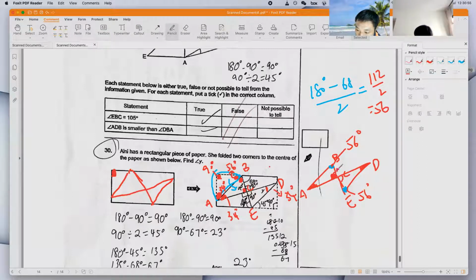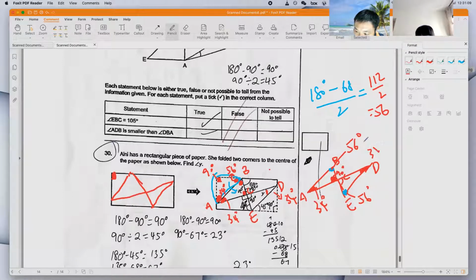Like I say, I'm not sure if it's 90, so I need to prove it's 90. I have proven it's 90. Therefore, this is 34. All right. So this is 34 as well. That's how you get the answer 34. Okay. So it's not 23.